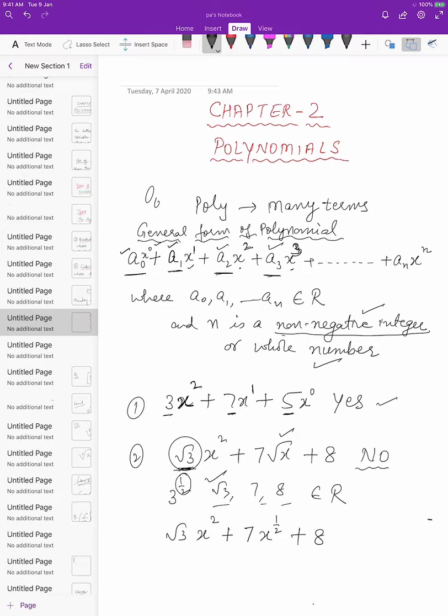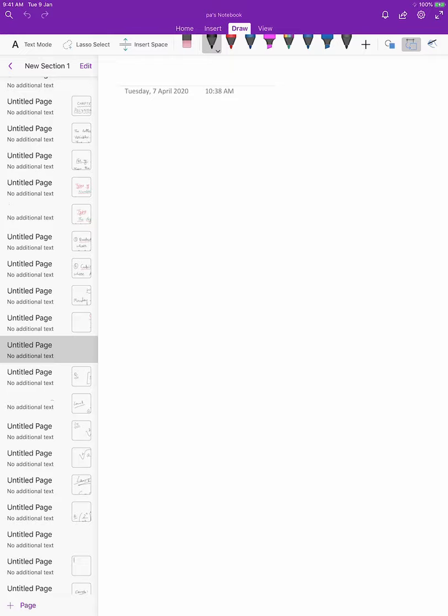In the first term, yes, it is a non-negative integer. In the third term, it is x to the power 0, which is also a non-negative integer. But in the second term, the power is not an integer at all. So this is not a polynomial. I hope you have understood the meaning of a polynomial and how to recognize whether the given expression is a polynomial or not.